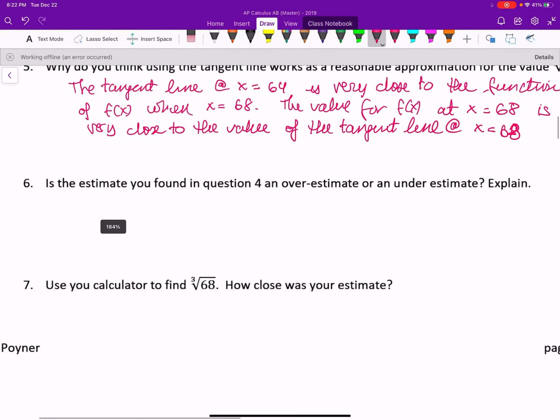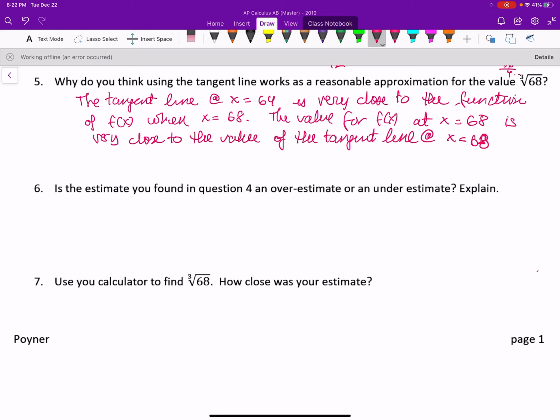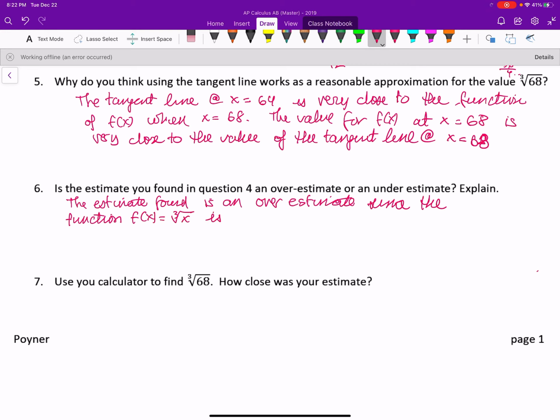Okay. Is the estimate you found in question 4 an over or an underestimate? The estimate found is an overestimate, since the function f of x is equal to the cube root of x is concave down at x is equal to 64.